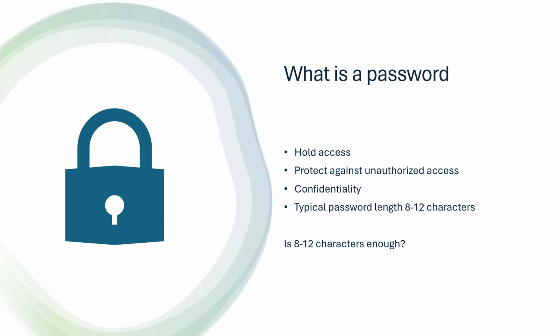And I totally agree with that, but the question would be, is 8 to 12 characters enough? Through this slideshow, we're going to talk about whether it is or not, and I'm going to present to you different calculations, and I'm pretty sure that you will be a bit surprised by what I say in the next couple of slides. But let's continue.